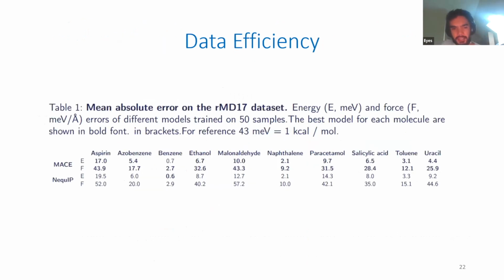But because it was not really interesting, we tried to come up with a harder test. We took only 50 samples from MD17, not the full 1000, trained on these 50 and tested on the rest. Here we see that the comparison between MACE and Nequip is a bit bigger, and it shows that MACE is a bit more data efficient.